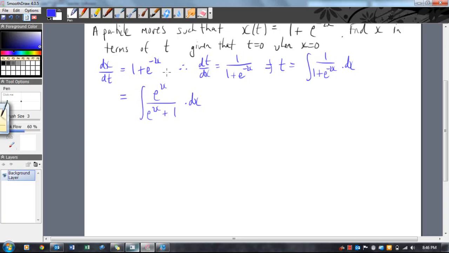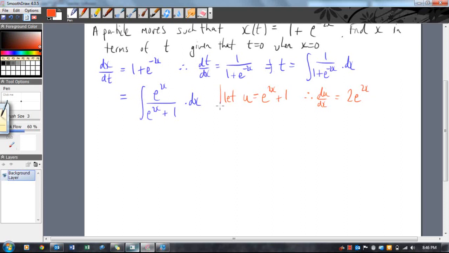Now the reason I did that is because now I can do a u substitution. What's the derivative of what's down the bottom? Well, it's just twice what's on the top line, so the top is half of it. So let u be equal to e to the 2x plus 1. Therefore, du dx is equal to 2e to the 2x.